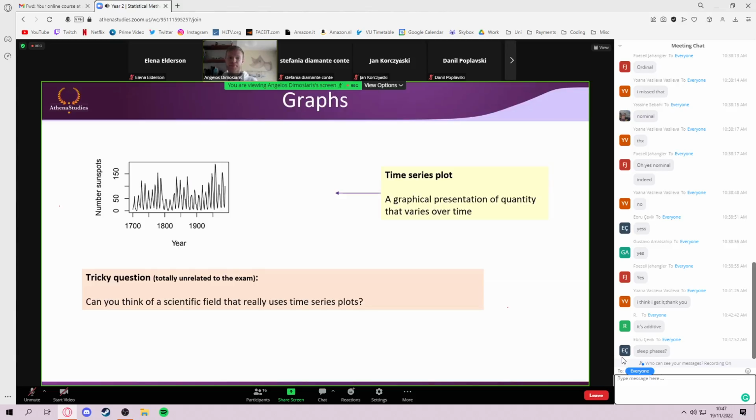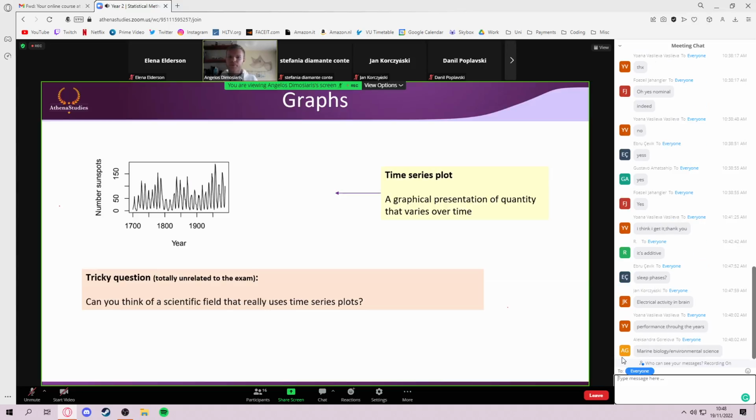Sleep phases. Okay. Electrical activity in the brain. Whoa. Performance through years. Marine biology, environmental science. Oh, okay. That's nice. It's really, really nice. Also, you came up with these things very quickly. Nice.